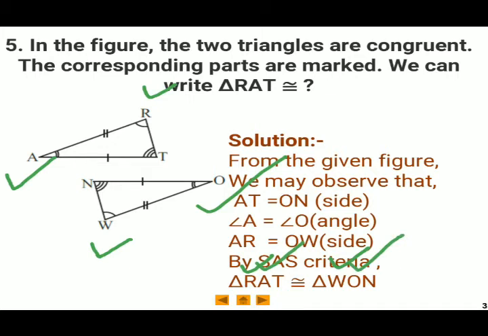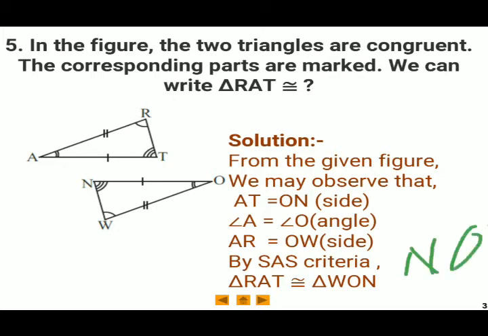After that, the last, T and N will be equal. Now, if instead you write NOW here, then it will be wrong because this congruence is not true. You have to observe which angles are the same and which sides are the same, and according to that, you write down the congruence.